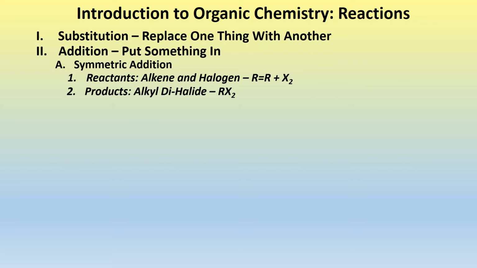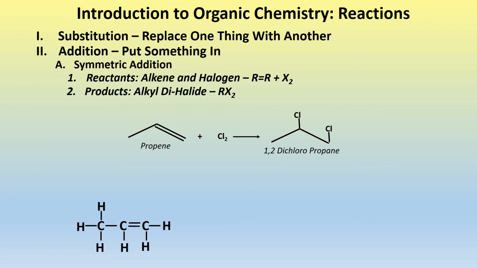So if we look at the reaction of propene with chlorine, the product would be 1,2-dichloropropane. How this occurs is as follows. As you see from the detailed structure of propene, there's an exposed double bond between the carbons on the end.